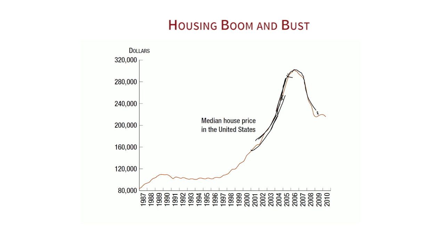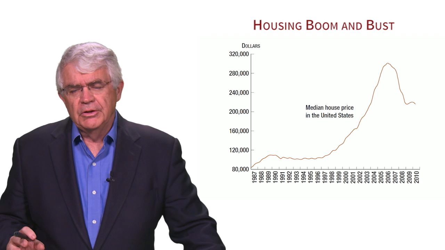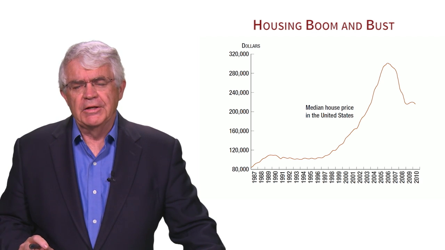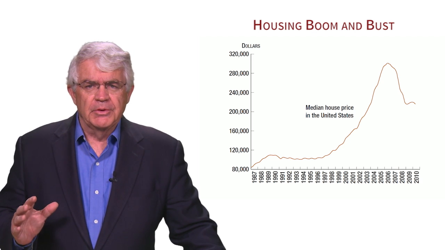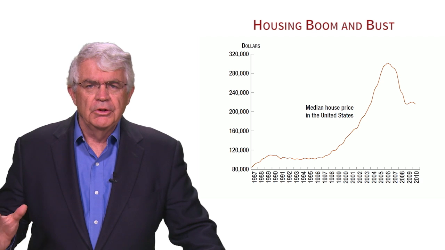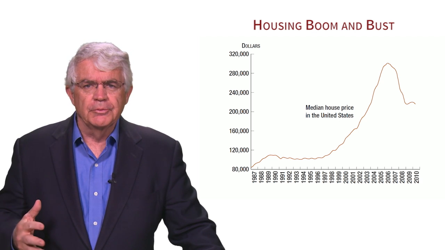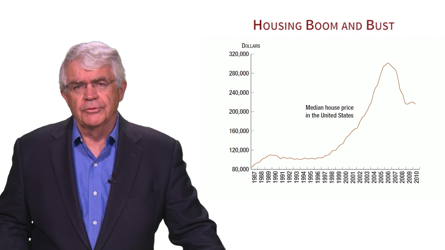And that burst in the bubble is, according to some economists and some theories, an important reason why there was a financial crisis in 2008 and 2009 in the United States in particular, but in other countries. So you can see by thinking about the demand for physical capital, recognizing that housing is an example of physical capital, thinking from the basics about what determines that demand, and that's by a consideration of the marginal revenue product for a firm or the marginal benefits of owning a home or living in a home for consumers.